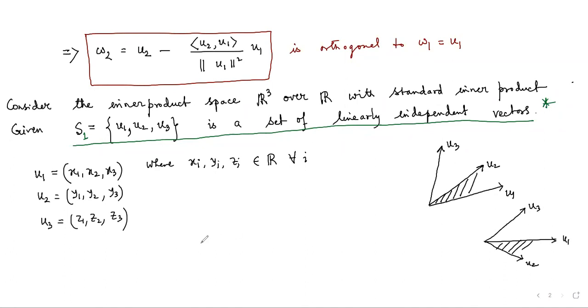Like this. This is the figure. Try to imagine. Required to find out, as before, a set capital T1 containing three vectors w1, w2, and w3, which is orthogonal.